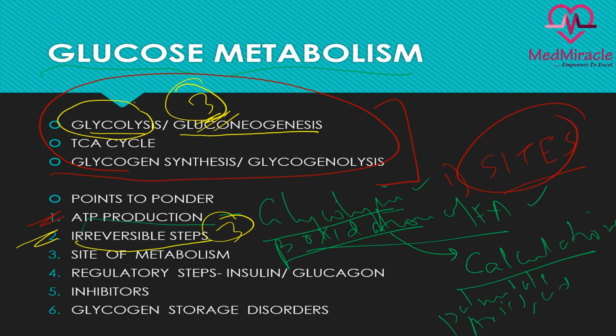So we talked about sites, irreversible steps, ATP production. Now coming to the next point we have to stress, the regulatory steps. Obviously all these metabolic pathways are under the control of hormones, and in case of glucose, insulin and glucagon are the chief hormones which control these metabolic pathways.